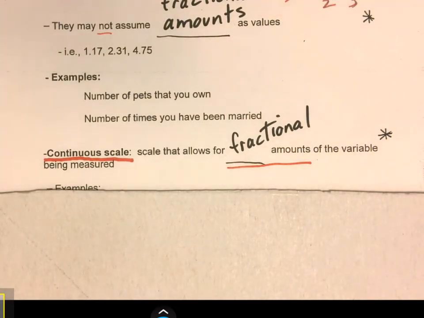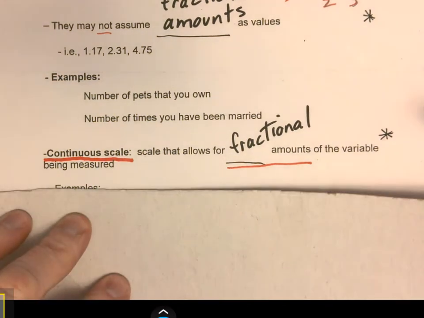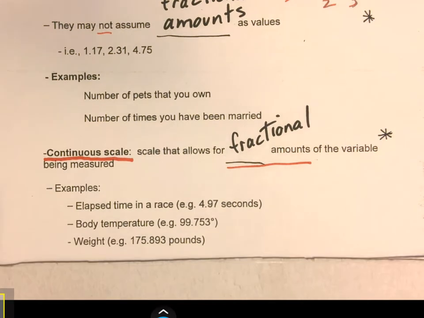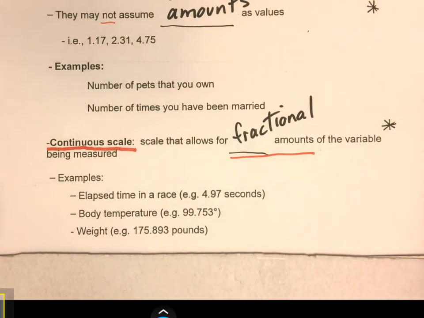A continuous scale is a scale that allows for fractional amounts of the variable that's being measured. It's easy to come up with examples of things that are on a continuous scale. Elapsed time in completing a race. Somebody runs a sprint in 4.97 seconds. The fact that you have decimal places there tells us I'm measuring time as a continuous variable. Body temperature.